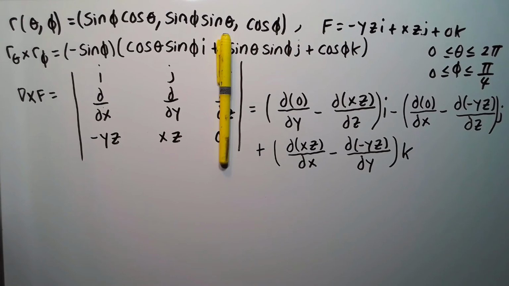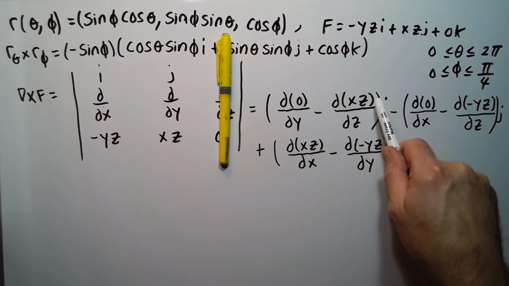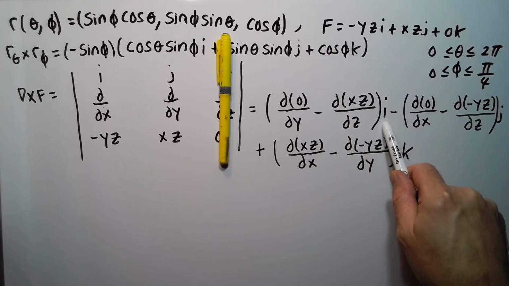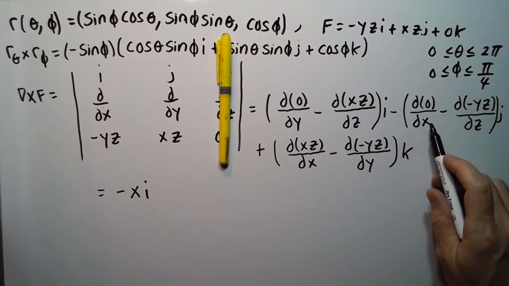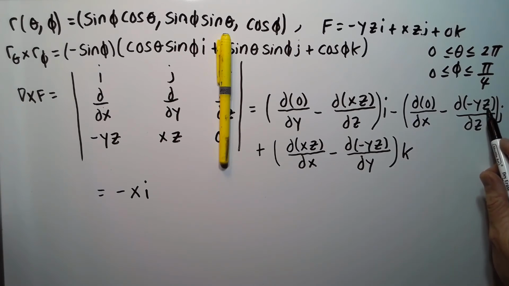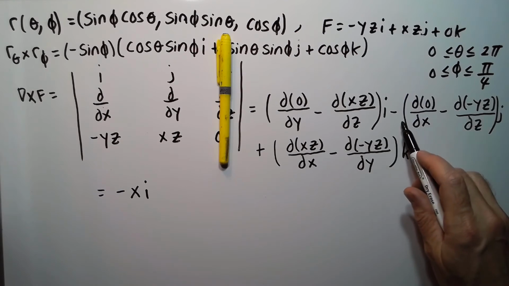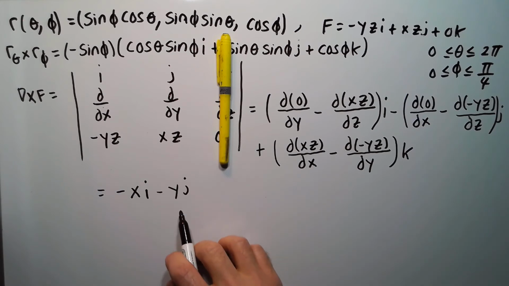Okay, so let's write these results out then. So that's going to be 0 there for that one. That's going to be negative x. So it's going to be negative xi. So I'll write that here. And then moving on to the next one, that's going to be 0 there, and derivative of negative yz with respect to z would be negative y, but you've got 3 minus signs, so it'll be minus yj. So I've written that here.